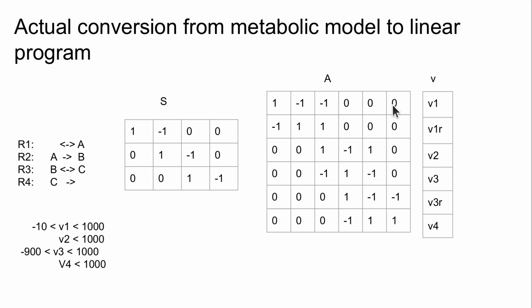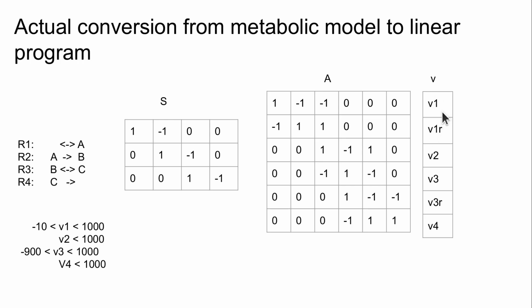And that means that any negative effective flux through R1 is represented by the fact that we would have a V1R that is greater than V1. You can have both of these be non-zero at a given time, but the net effective flux through our reaction 1 would be represented by the difference between these two.